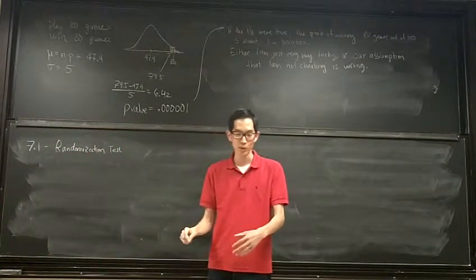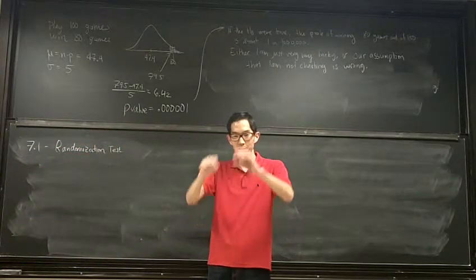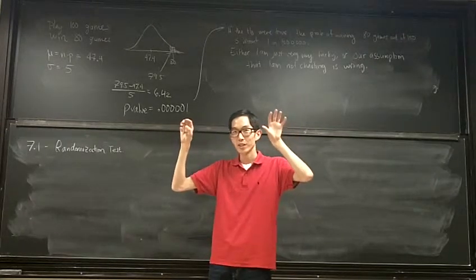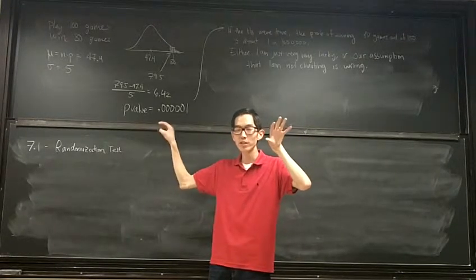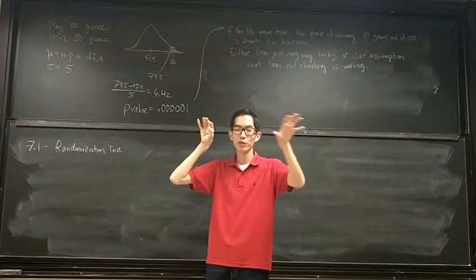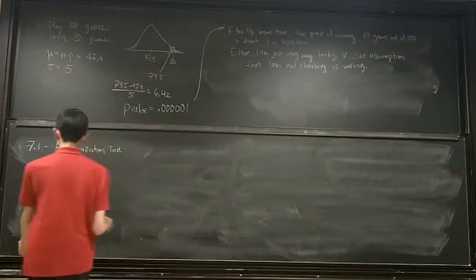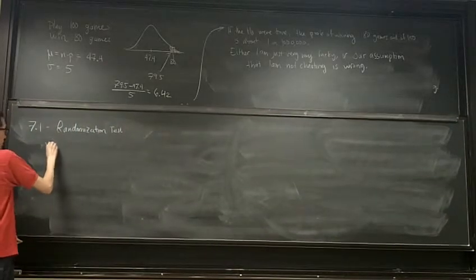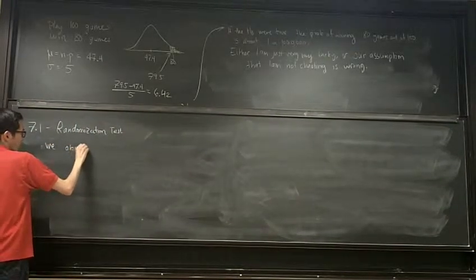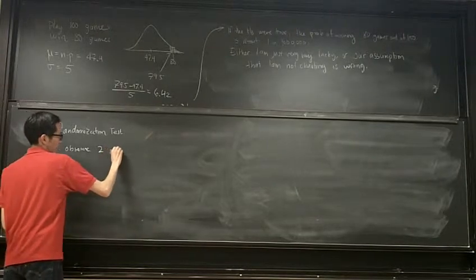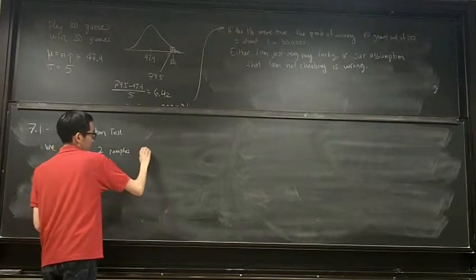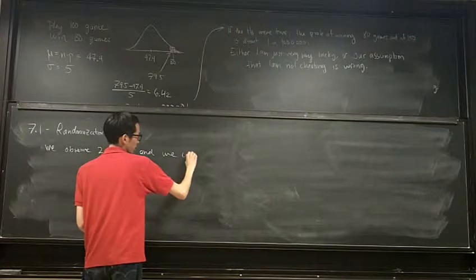And here, what they're doing is, in all of these tests, we observed 2 samples and we're comparing the means of these 2 samples. So in both 7.1 and 7.2, we observed 2 samples and we compared the means of the 2 samples.